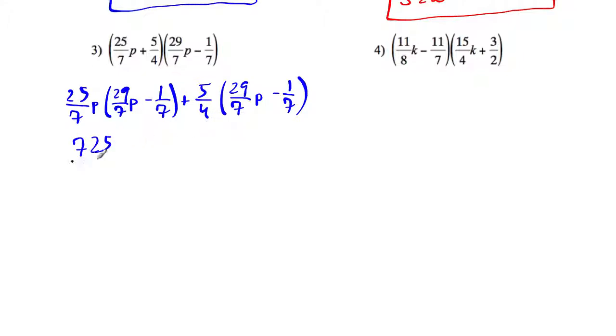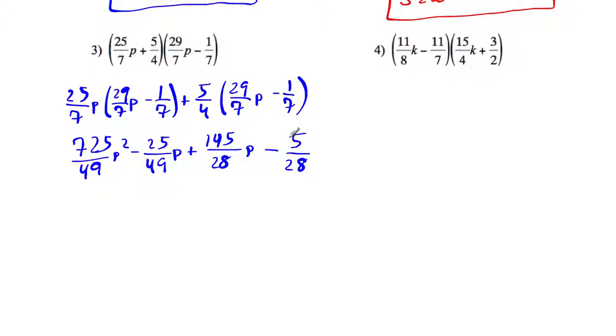So 725 over 49 p squared. Distribute this in, I'm going to have minus 25 over 49p. Here there are no common factors again, so I have 5 times 29, which is 145. So 145 over 28p. And this is not a nice one. Minus 5 over 28.